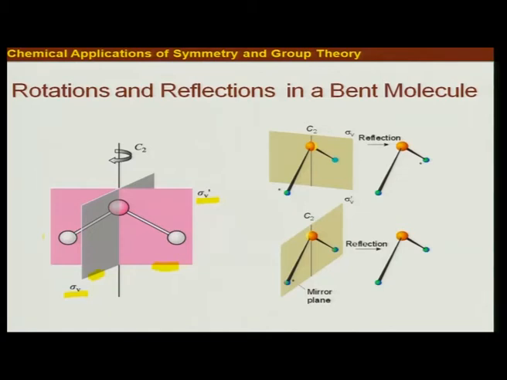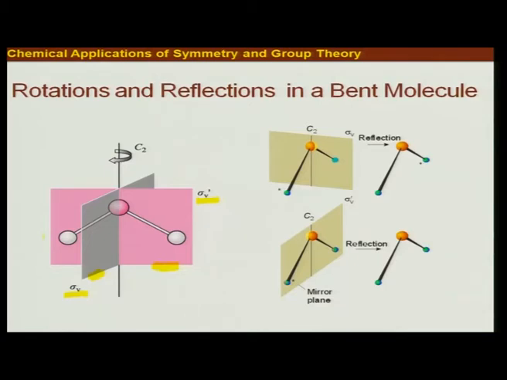So those two are different, and later on we will see that those two will have certain different characters. We will know about this term, particularly the character, at a later stage. So in order to distinguish them, we have given two different symbols, sigma v and sigma v prime.